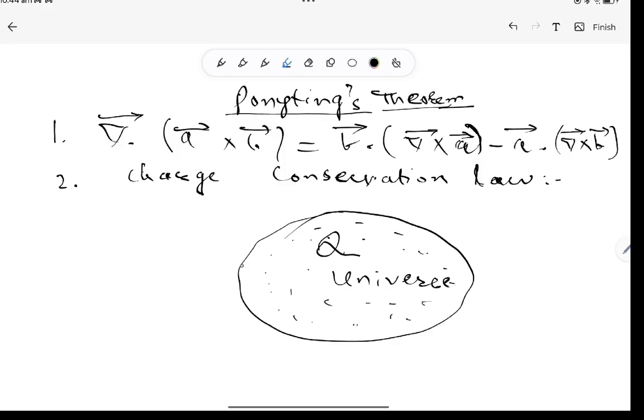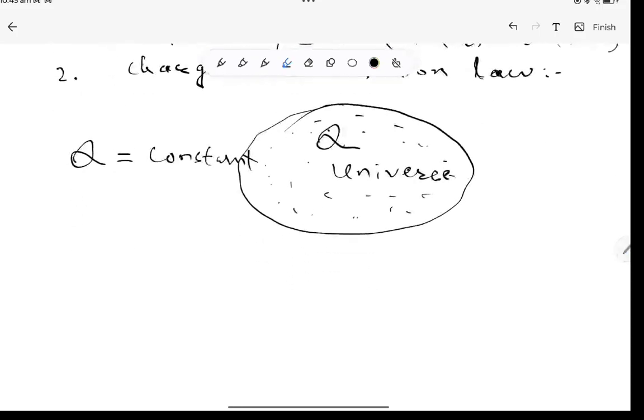Anyhow, suppose the total charge is Q, and the law of conservation of charge tells us that with time this Q will remain constant. It will not change. This is one way you can look at the law of conservation of charge. This is called the global view. Global means large, big.